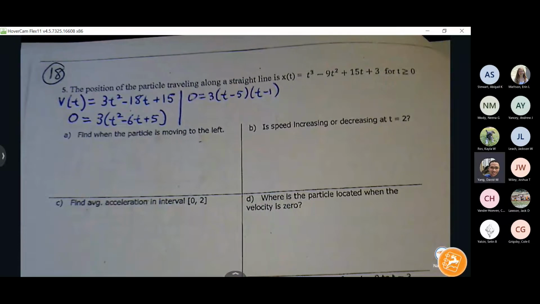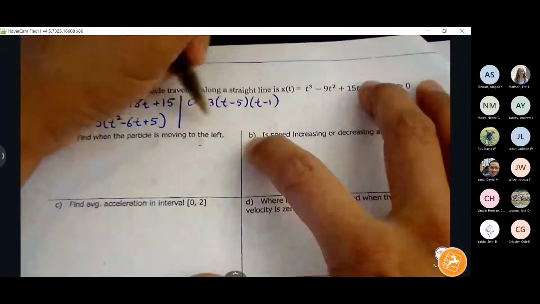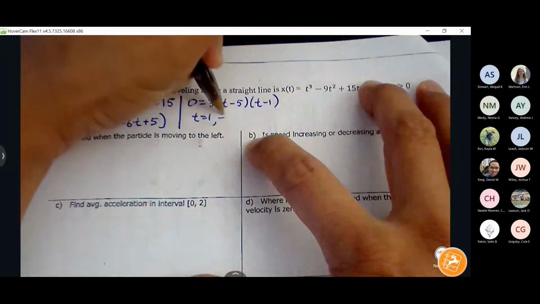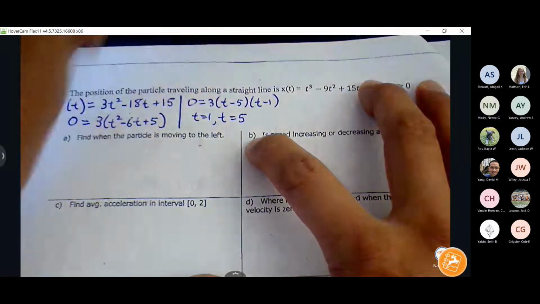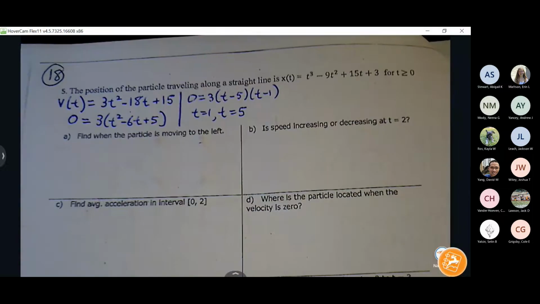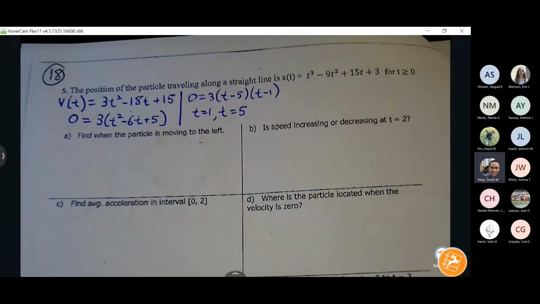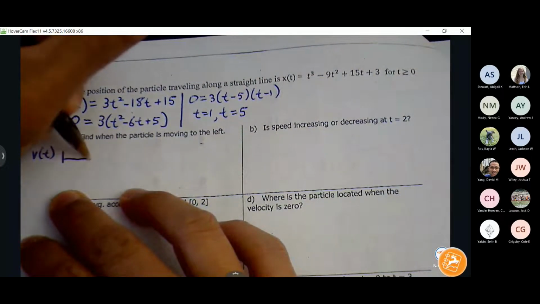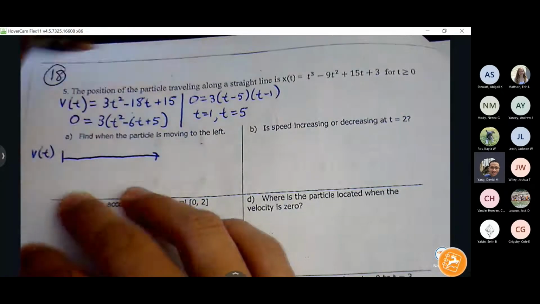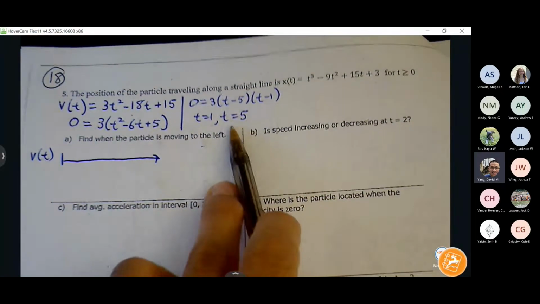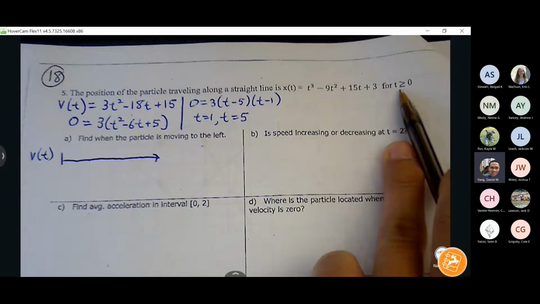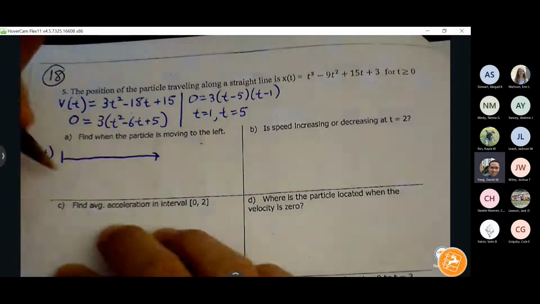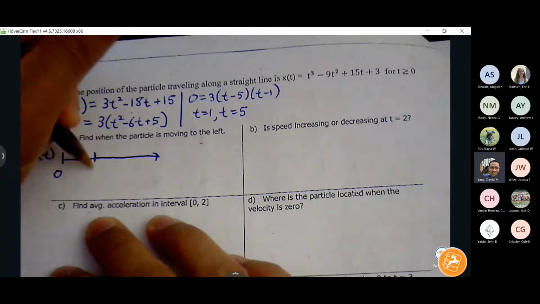So for t, I get t equals 1 and 5. Okay, so now we can populate our velocity sign line. Even though 0 doesn't show up for velocity equals 0, it is showing up as an endpoint, as a restriction. So we are going to include 0, 1.